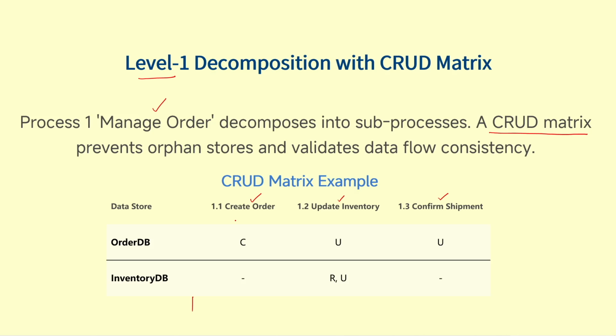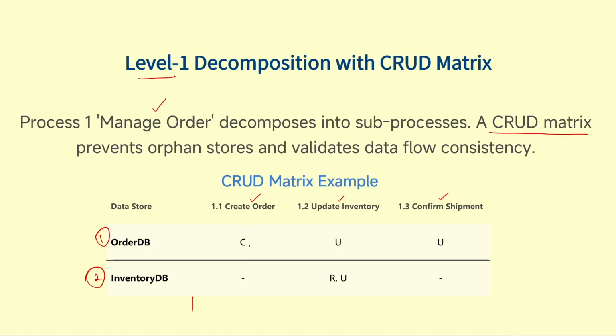Assume here we have two different databases: one is your order DB and the second is your inventory DB. By the name we can understand inventory DB will have all the information about the products, and order DB will have all the information about the orders which a customer has made for a corresponding product.